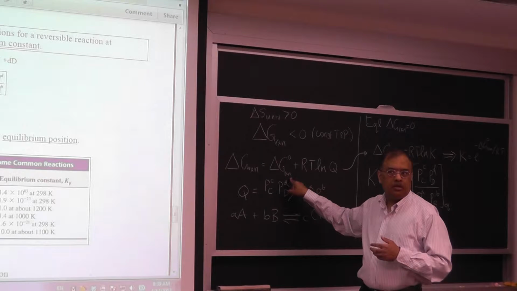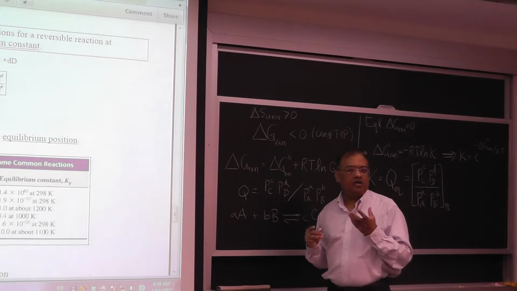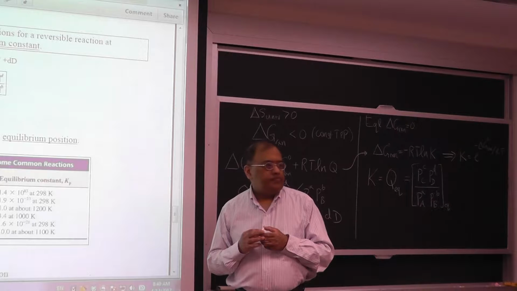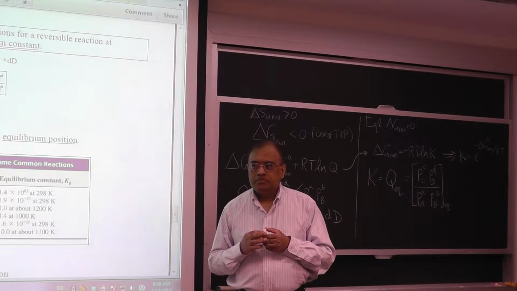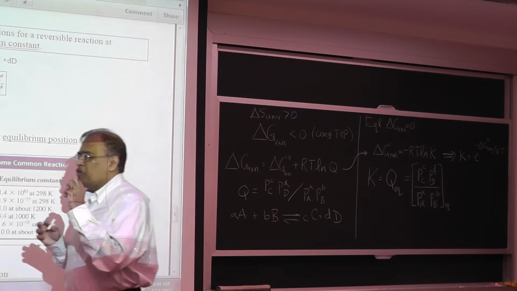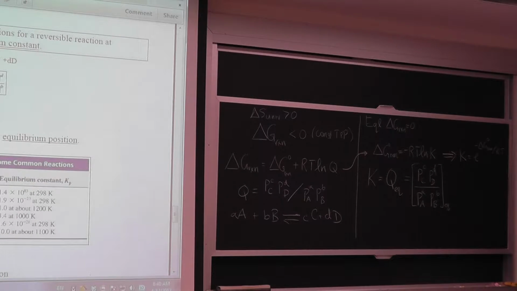Delta E, negative delta H. No, I'm asking you to define what is delta G naught. The reaction at standard temperature and pressure. Okay, when we talk about standard conditions, we don't specify the temperature.